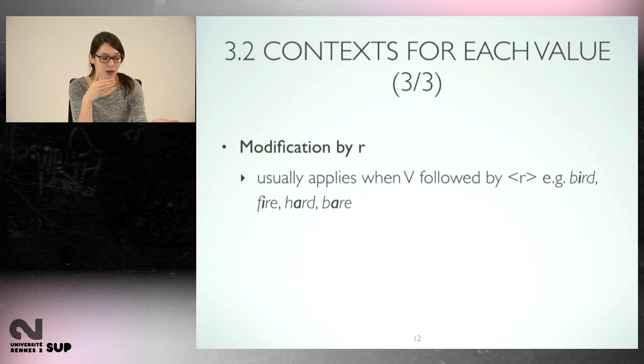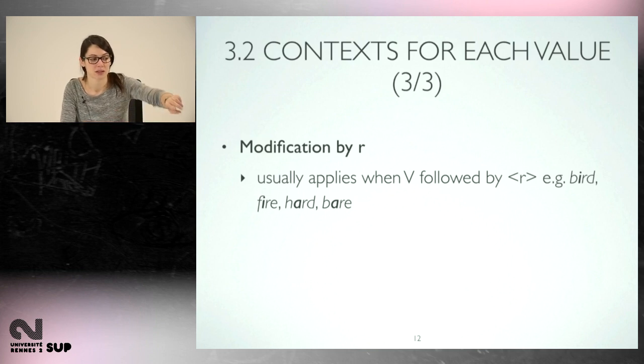So in bird, you have a checked R-modified value because the I vowel occurs before a sequence of two consonants, so before a consonant cluster, and this is a context that entails a checked value. So you're going to have a look at the checked column of your table for I. But then the first consonant is R, so this R is going to modify the checked value for I. In fire, you can see that you're going to have a free R-modified value.